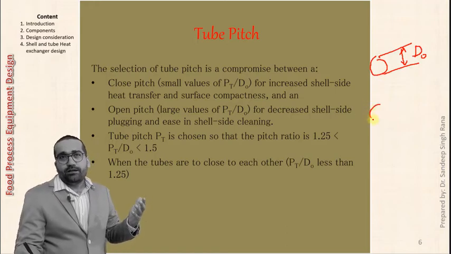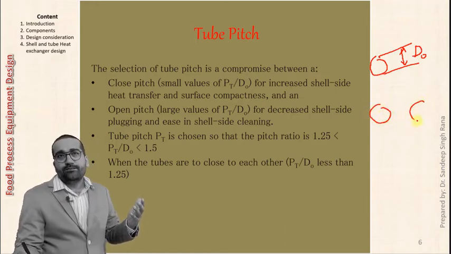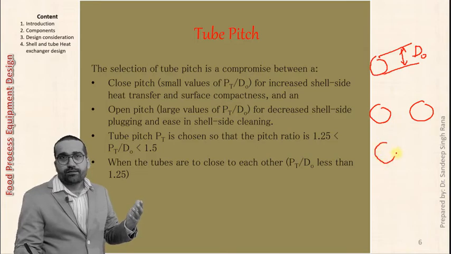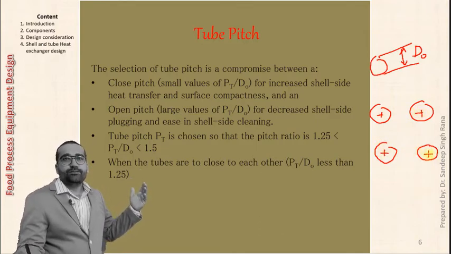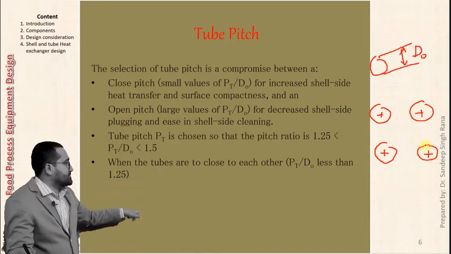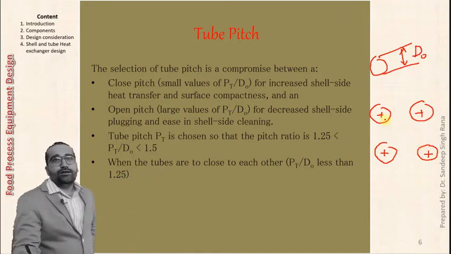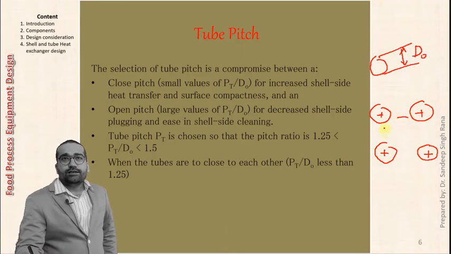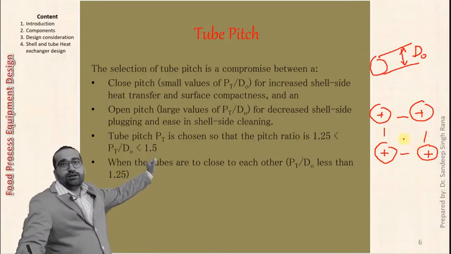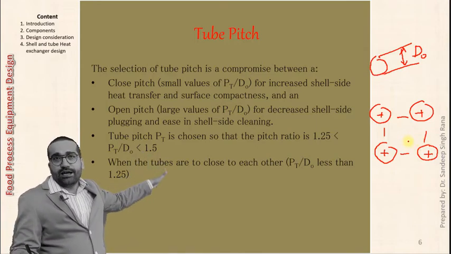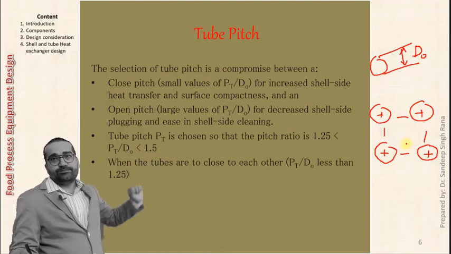So, for example, our arrangement is square type. Square type arrangement is like this. It means all the tubes are in a square; it makes a box like this. So this is a square type arrangement in a shell and tube type heat exchanger.